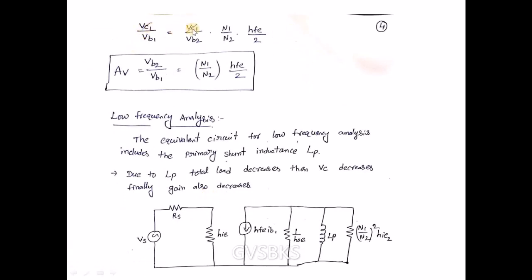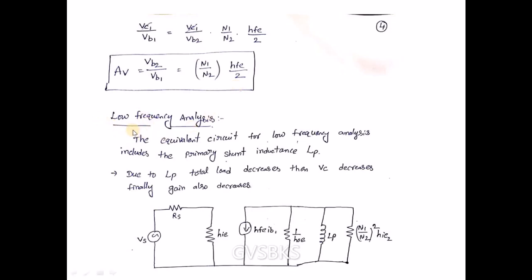Therefore, both sides VC1 will get cancelled, and VB2 divided by VB1, which is nothing but our voltage gain, is equal to N1 by N2 into HFE by 2. We can observe the voltage gain and current gain equations are the same in a transformer coupled amplifier.